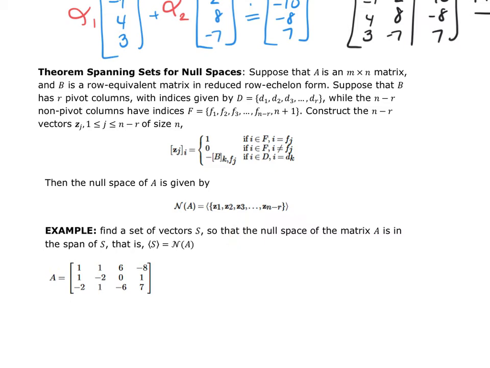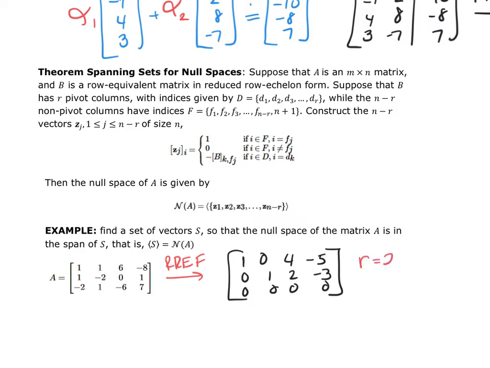It's just a matrix. So if I take this matrix and I reduce it to reduced row echelon form, what I end up with for this particular matrix is 1, 0, 4, -5, 0, 1, 2, -3, 0, 0, 0, 0. The number of pivots is 2.